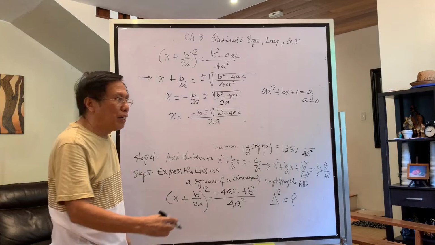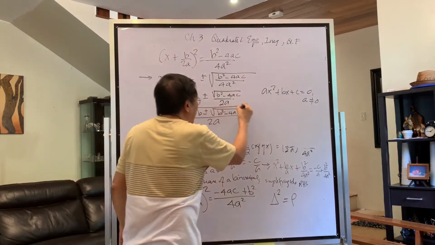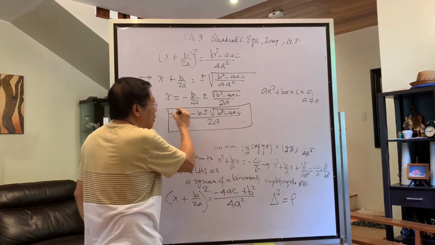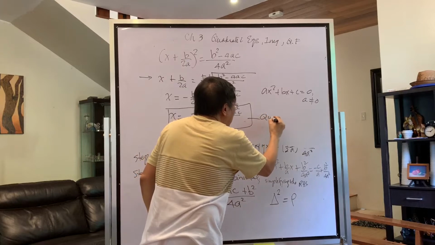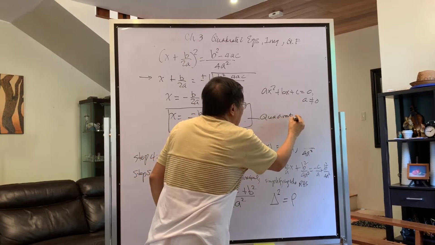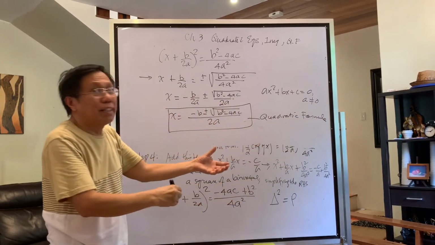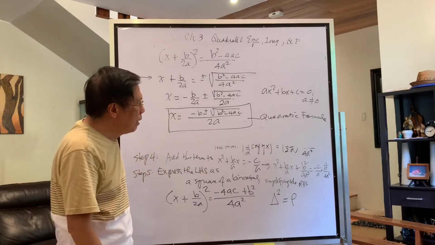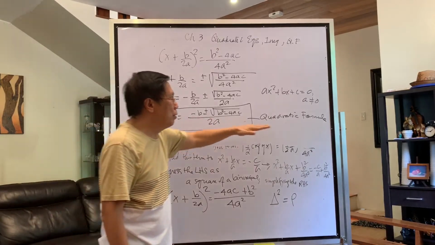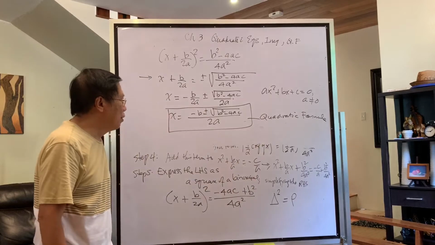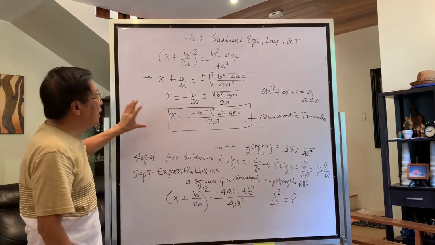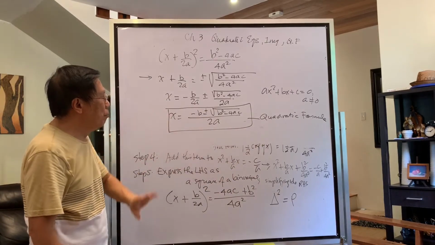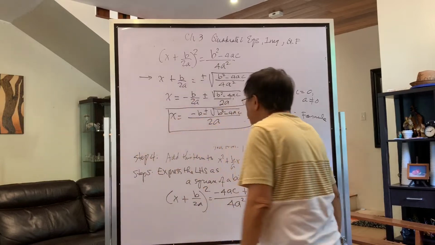Very interesting here, because what we have arrived at is actually our quadratic formula, which will be the next lesson that we're going to have, solving a quadratic equation using the quadratic formula. For now, let's have exercises on completing the square.